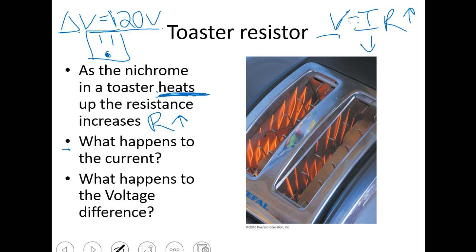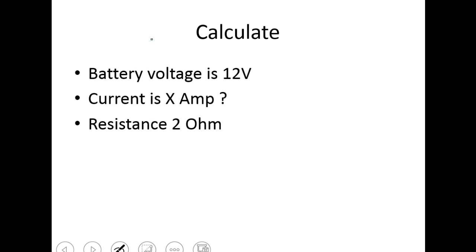And what happens to the voltage difference? Well, the voltage difference is the same. It's still 120 volts. And so I want you to just take a second and work with Ohm's law, that delta V is equal to IR.